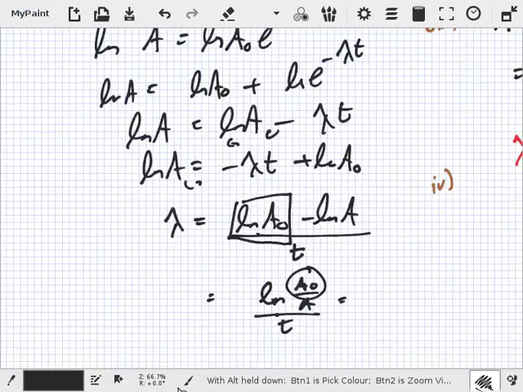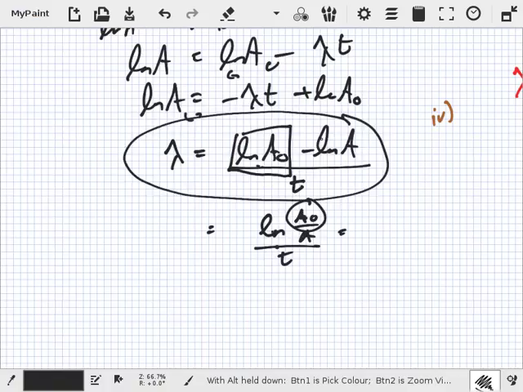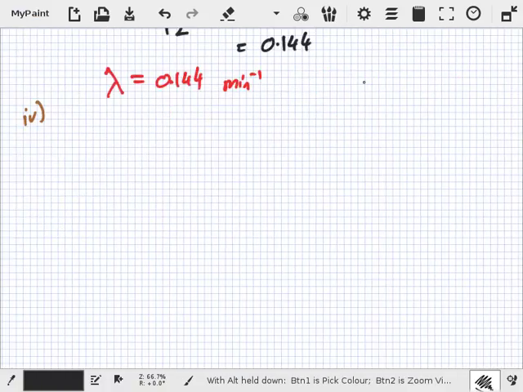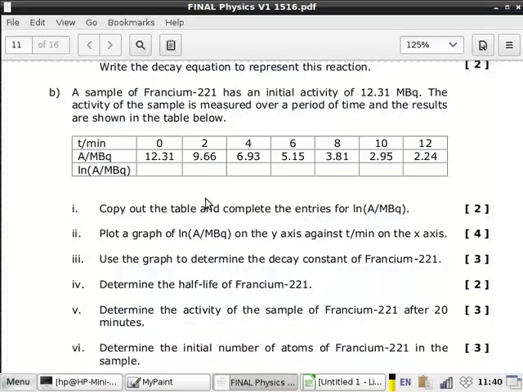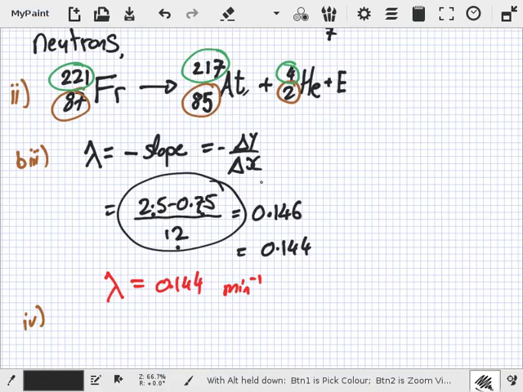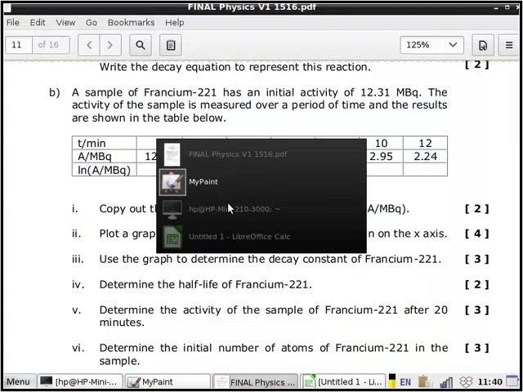Right, let's have a look. Which one do you want me to use? The first or the second here? It's the same thing as what I just did. This is log, this is a log, and this is the time. 2.5, wasn't that log A0? 0.75, that's the A at the end? Isn't it 0.81? 0.75, 0.81, whatever.